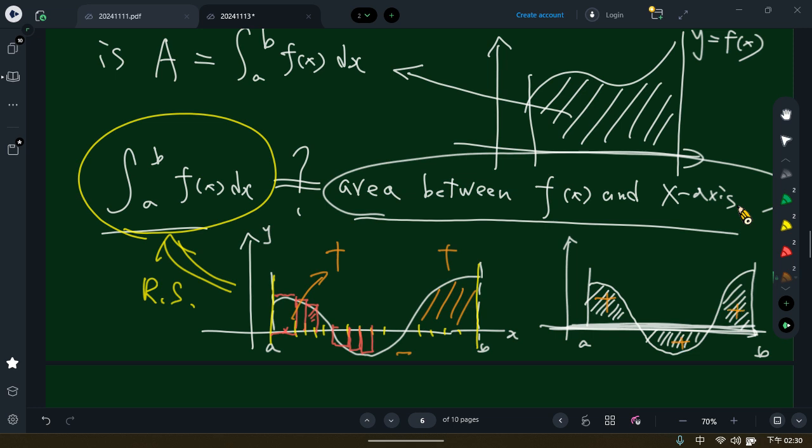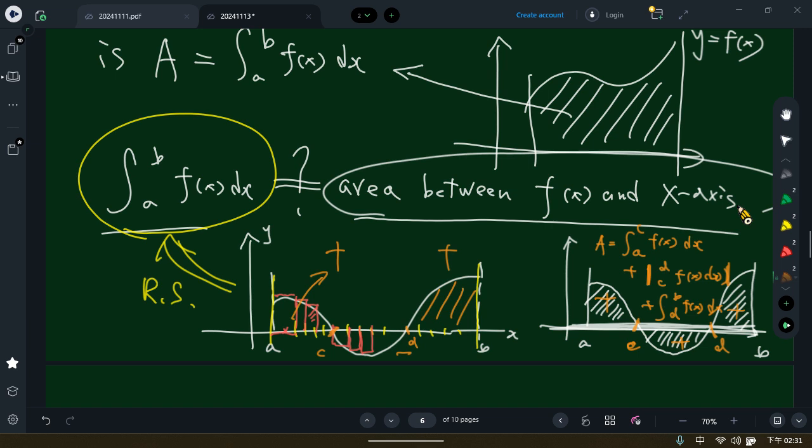So in this case, suppose here are c and d, the area will be the integral from a to c of f(x) dx plus the integral from c to d of f(x), but we take its absolute value, plus the integral from d to b of f(x) dx. We divide it into three parts.